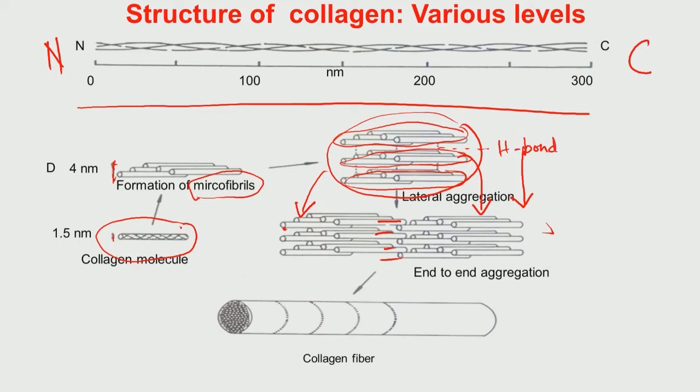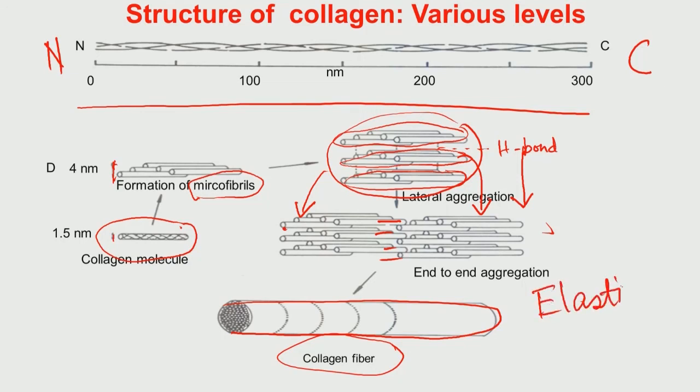This entire structure then forms a large tube-like structure, and this is what you call a collagen fiber. These collagen fibers are present in abundance in the extracellular matrix, as I said before. Along with collagen fibers, you have elastin, that is the second one.